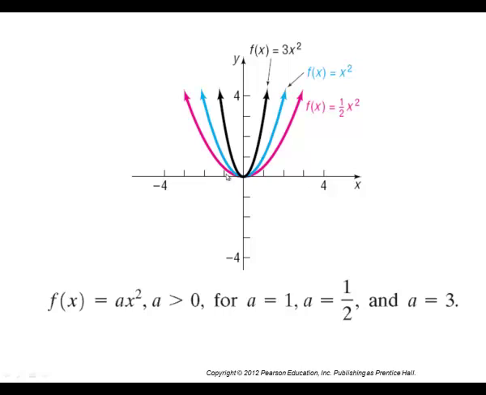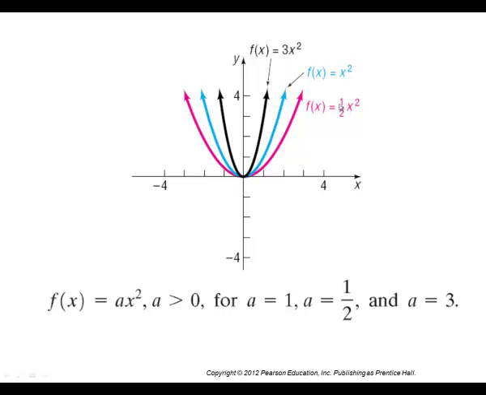And x is negative 1, y is also 1 for our parent graph, the blue graph. So when we have 3x squared, when x is 1 now, we get 1 squared, we get 3 out, so that'll be (1, 3). So we get that vertical stretching there.